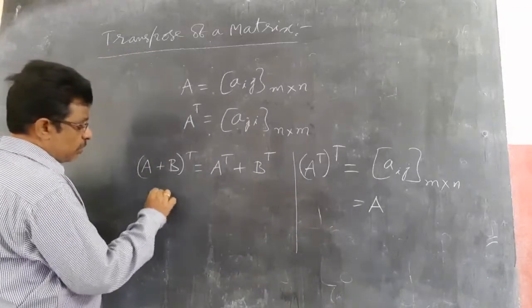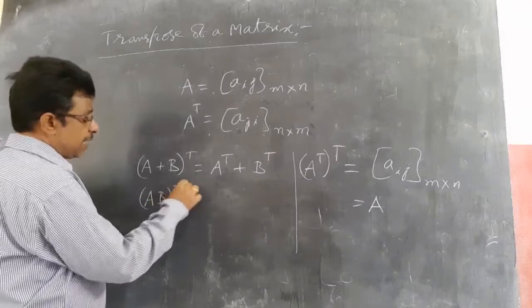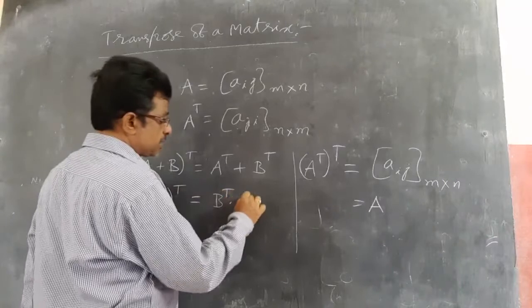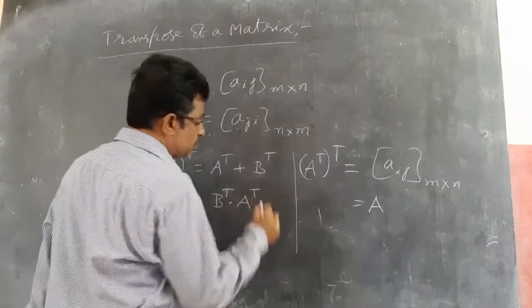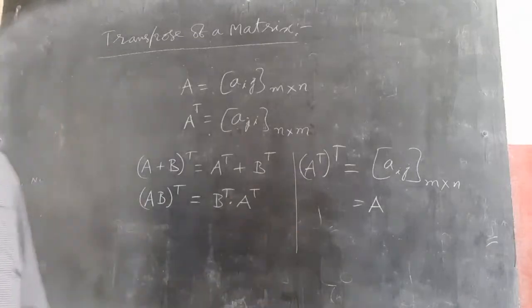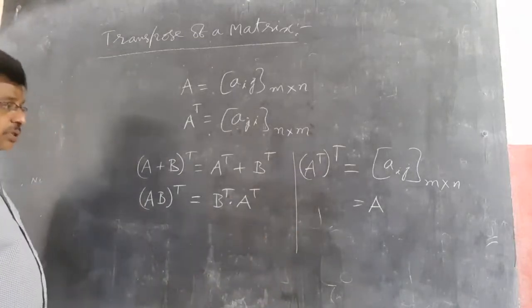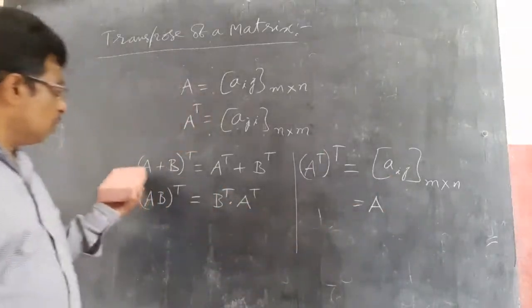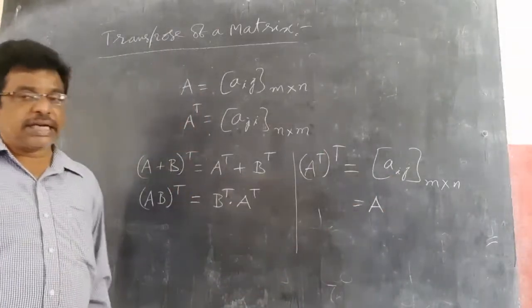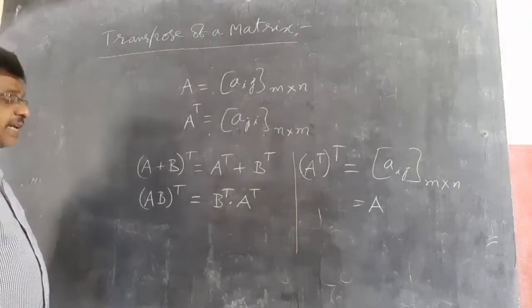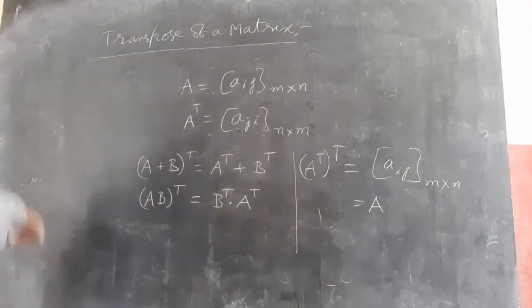And AB whole transpose equal to B transpose into A transpose. A transpose whole transpose is A. Like this, if you prove A plus B whole transpose equal to A transpose plus B transpose, and AB whole transpose equal to B transpose into A transpose.